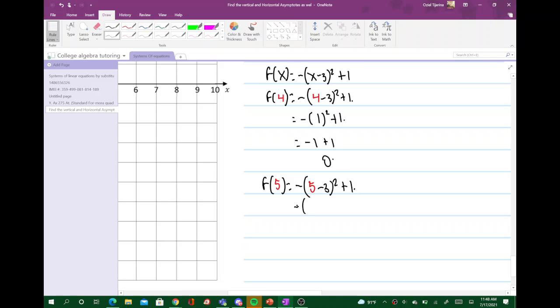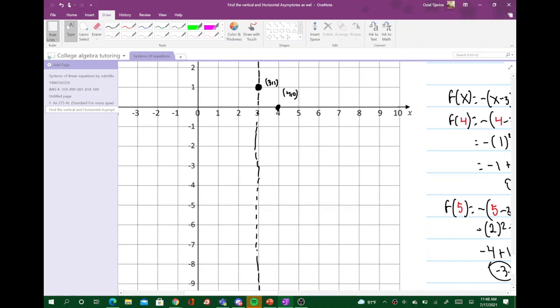So it's going to be negative the quantity 2 squared plus 1, which is -4 plus 1, which is -3. So when x equals 5, y is equal to -3, right? So you have something like this.